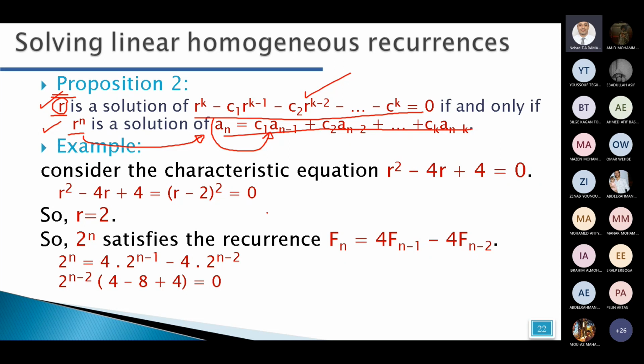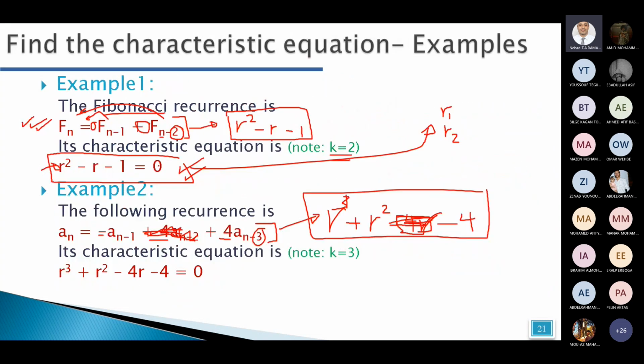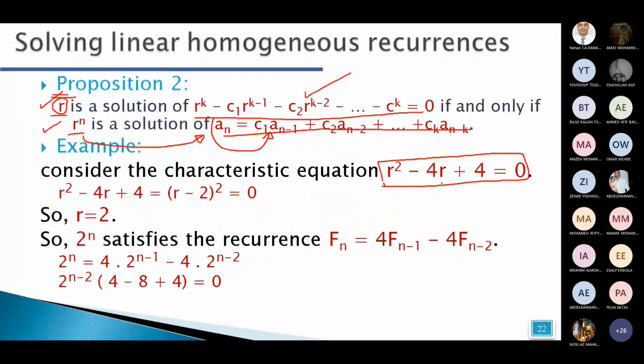So let's see this one. Consider the characteristic equation for this one. Actually, this characteristic equation we just saw here. It's the characteristic equation for this recurrence relation. How do we know? Okay, r power 2 corresponds to fn. So we have fn, or an or xn, equal.